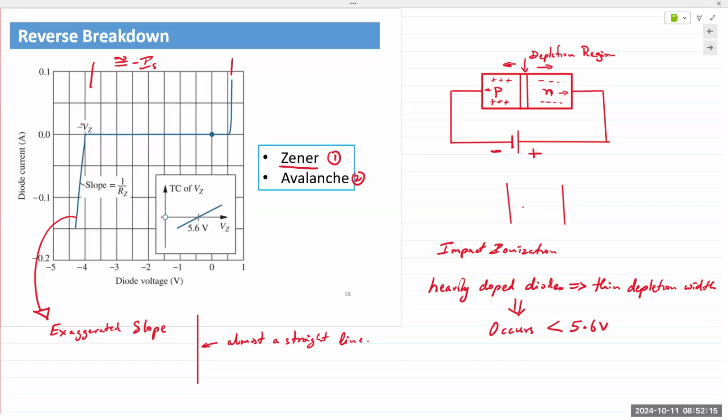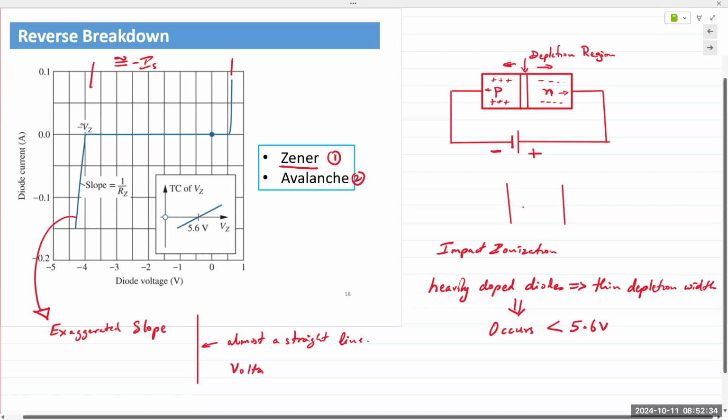So Zener diodes are specially formulated to work in the reverse bias. In the forward bias, it will work as a normal diode, but in the reverse bias, we are using the Zener effect. Okay. And the reason we use those is because they hold the voltage near constant across its terminals.